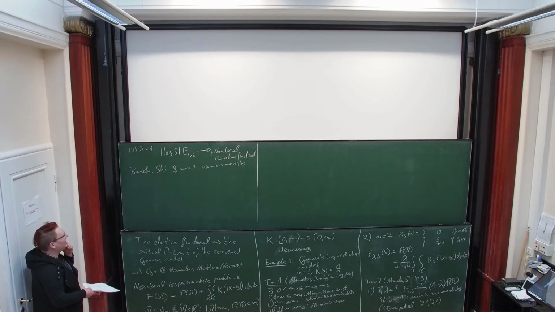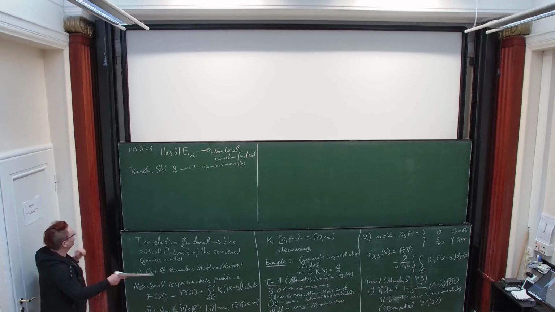So we asked, well, what happens when you take a model where the long range repulsion isn't as strong?